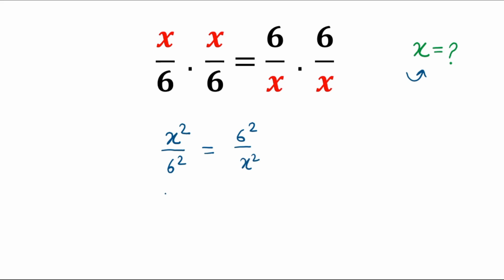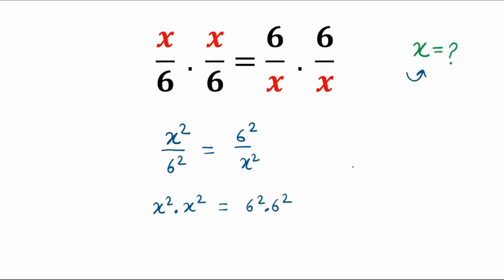Now here we will apply cross multiply, then in left hand side x square times x square, this is equals to, in right hand side 6 square times 6 square.